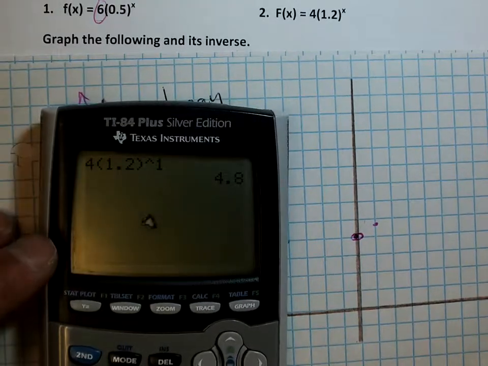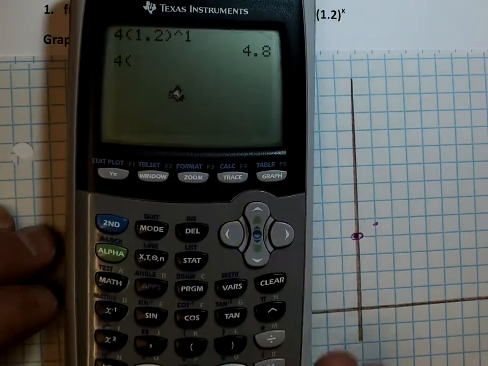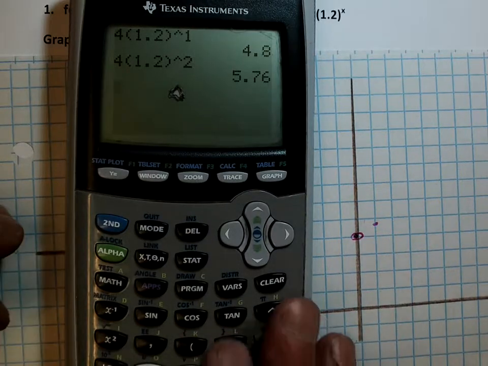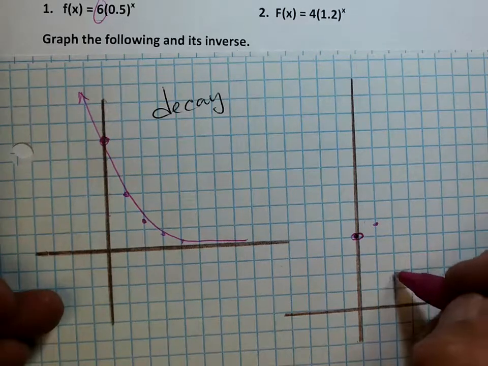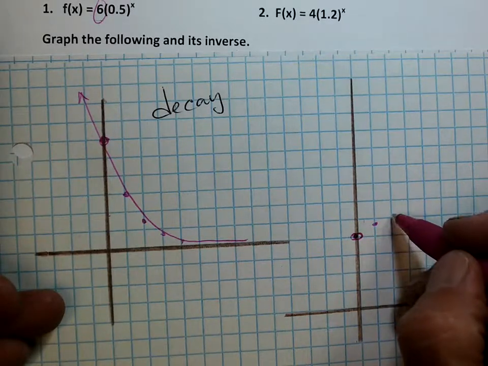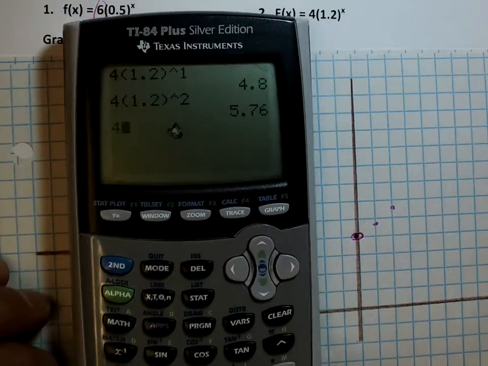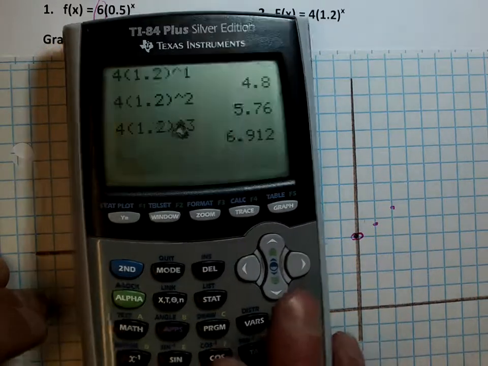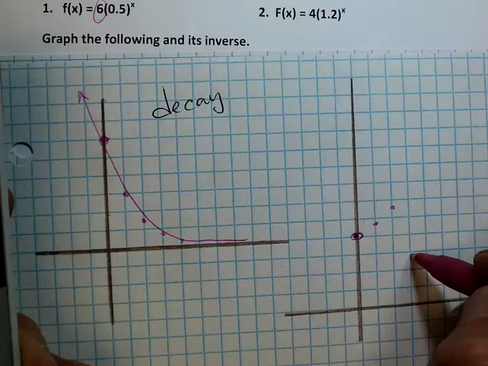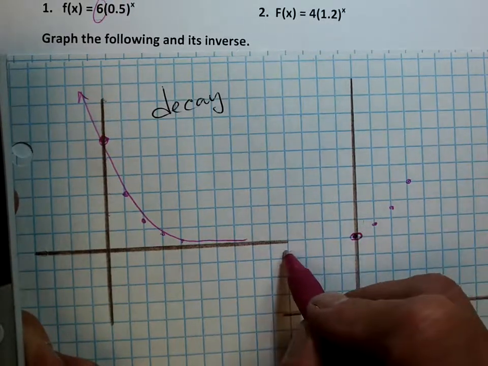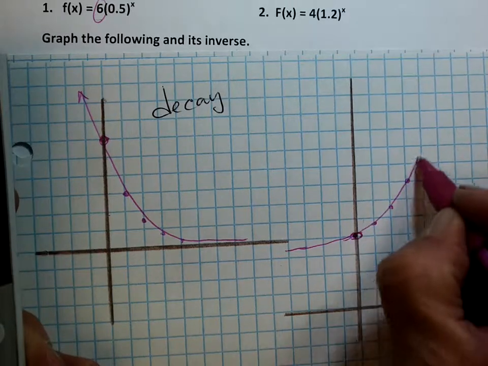I'll go 4 times 1.2 to the 2 power, and I get an answer about 5.76. 1, 2, 3, 4, 5.76, maybe up there. I'll try 3. I'm sorry, 4 times 1.2 to the 3rd power, and I get about a 7. 1, 2, 3, 4, 5, 6, 7, and it slowly curves up. So I know the graph is going to look something like this, okay?